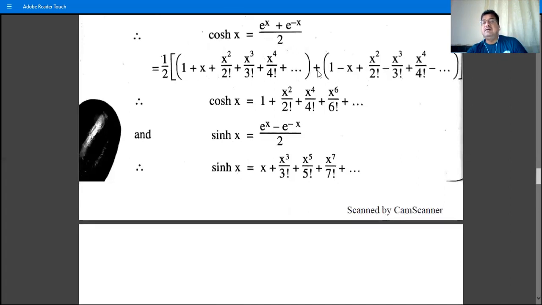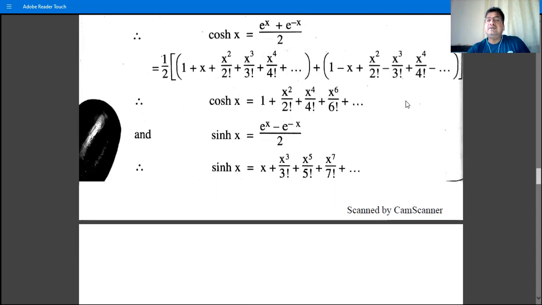And after the effect of the negative sign, what do we have? All the positive terms become negative and negative terms become positive. And then what we have? That 1 and minus 1 become 0, and x plus x become 2x. Then x square by 2 factorial and minus x square by 2 factorial become 0. And x cube by 3 factorial and plus x cube by 3 factorial become 2 times x cube by 3 factorial.